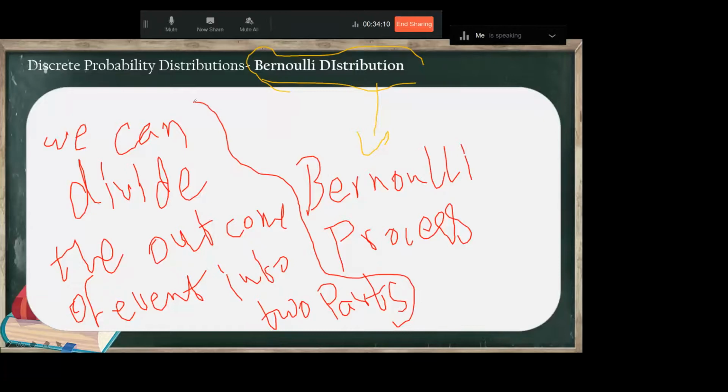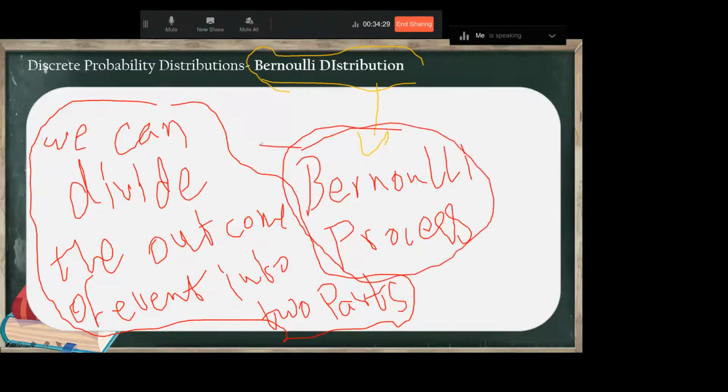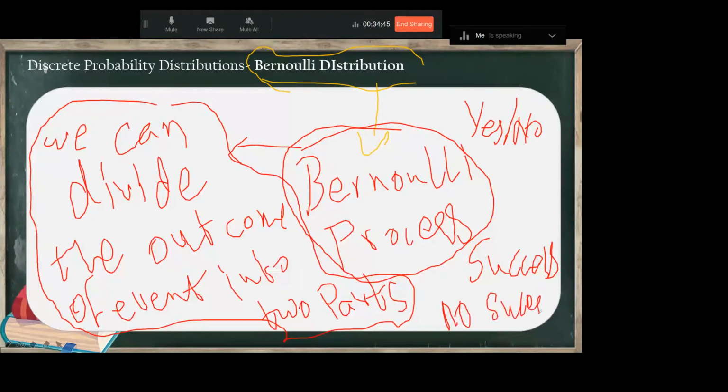It's not necessary that their probability should be 1 by 2 and 1 by 2. Their probability can be 0.75 and 0.25, 3 by 4 and 1 by 4. That's also Bernoulli distribution. So we are not talking about the probability here. We're just talking about a process where we can divide the outcome of an event into two parts. That's it. Means yes or no, success or failure, success or no success, do and don't do, head or tail.